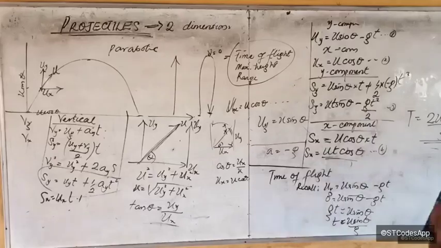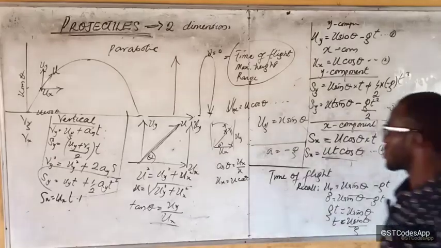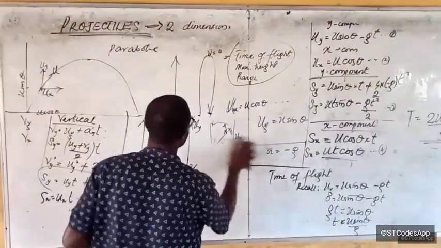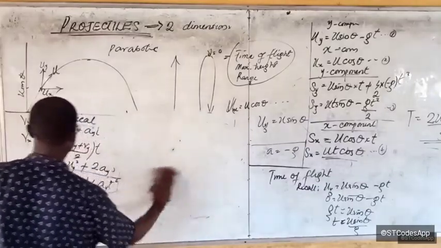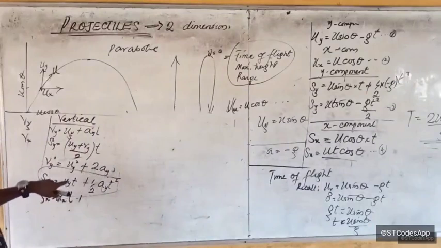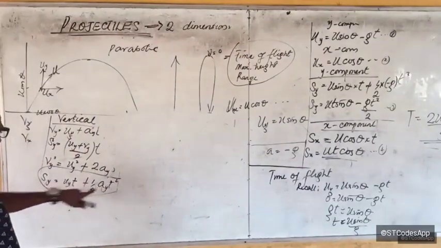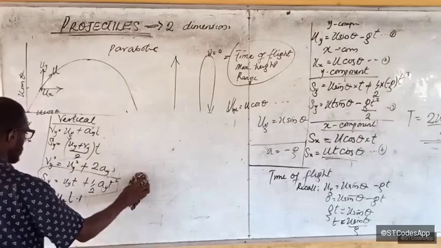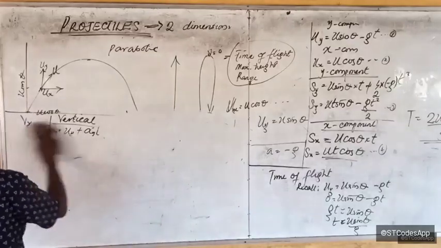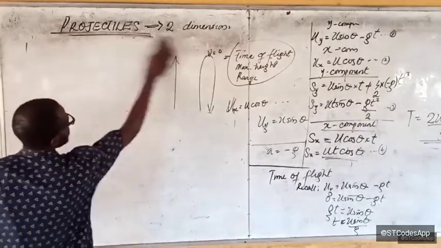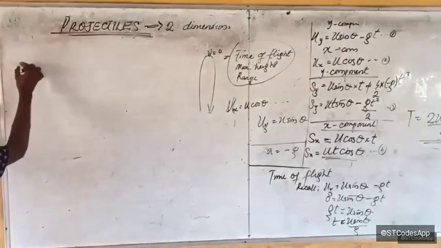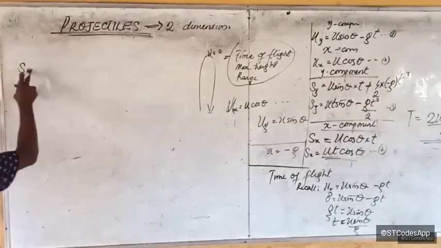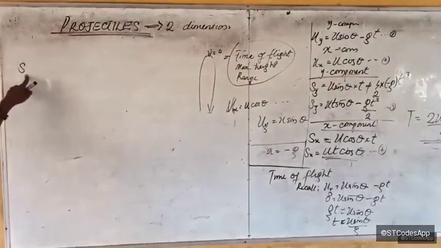There are other ways to derive this. For example, let's use one of these equations here. This equation has t, but this is displacement, so this is the equation we use to derive maximum height.